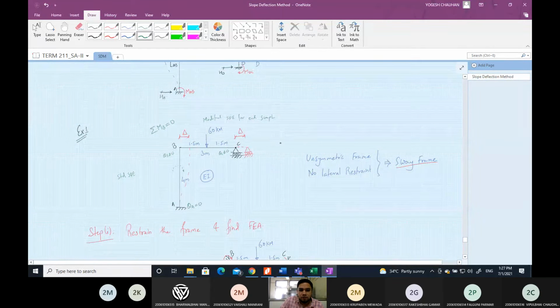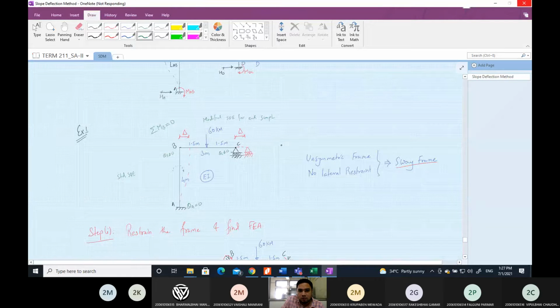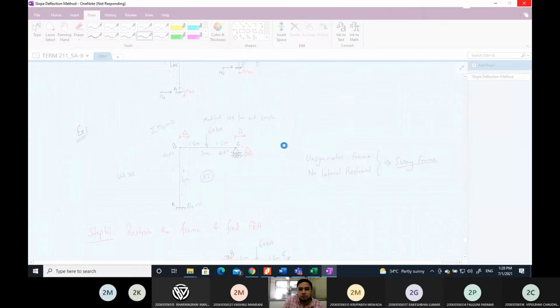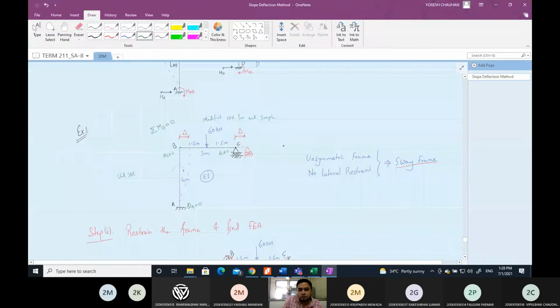And the second condition we will apply will be summation of horizontal forces equal to 0. So these two conditions we will apply.